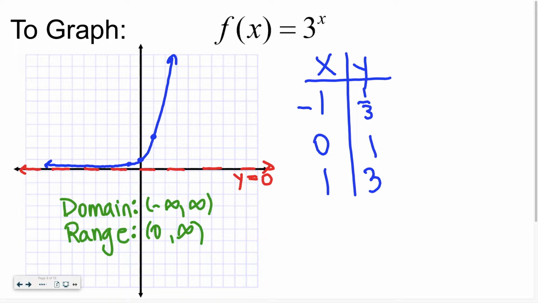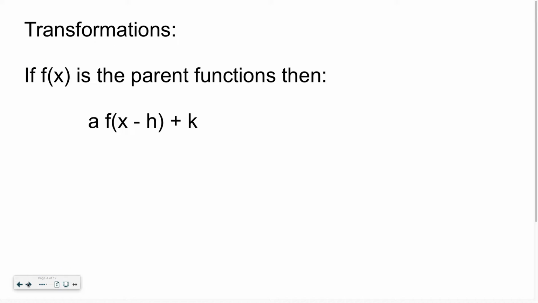You don't need to write this down, but let's just remember from our chapter 1 days. If I have something multiplied to the outside of our function, how does that affect it? It's a stretch or a shrink vertically, right? Inside of our function, if I have a number added or subtracted, which way are we going to shift?